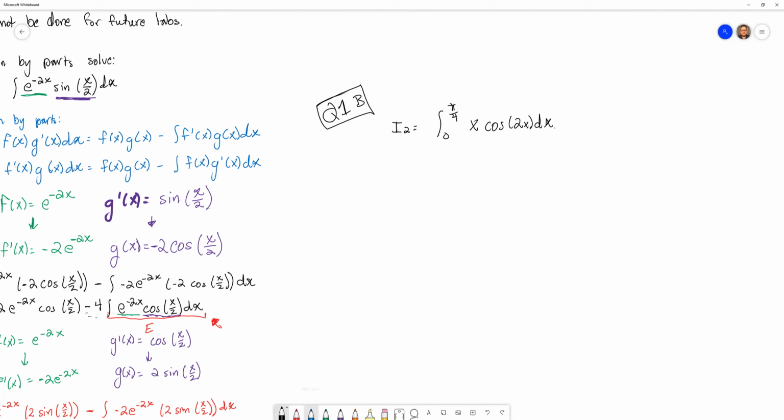So the only difference here is if we do integration by parts with definite integrals, for the integral from a to b of f at x g prime at x is equal to f at x g at x from a to b minus the integral from a to b of f prime at x g at x dx.